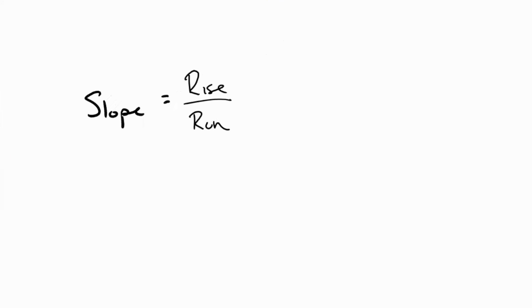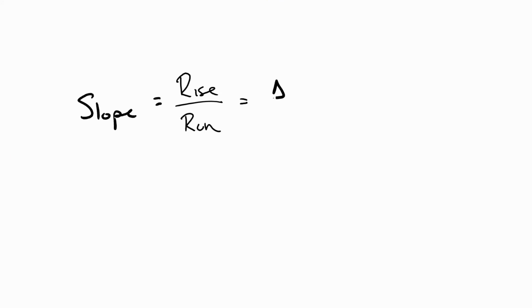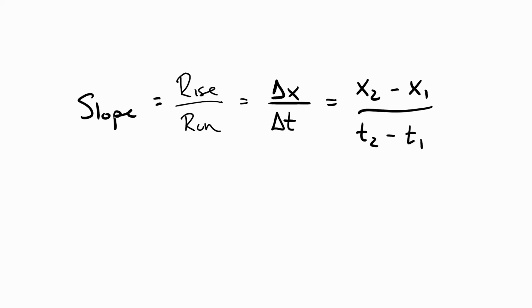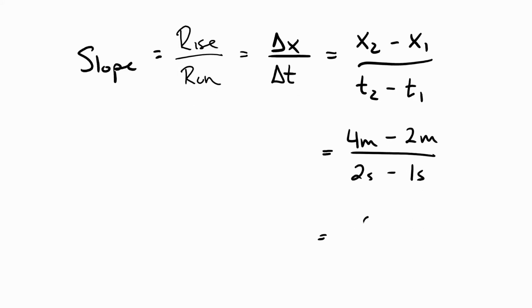So this is going to look like delta x over delta t, or x2 minus x1 over t2 minus t1. This was 4 meters minus 2 meters over 2 seconds minus 1 second, which gives me 2 meters in 1 second.